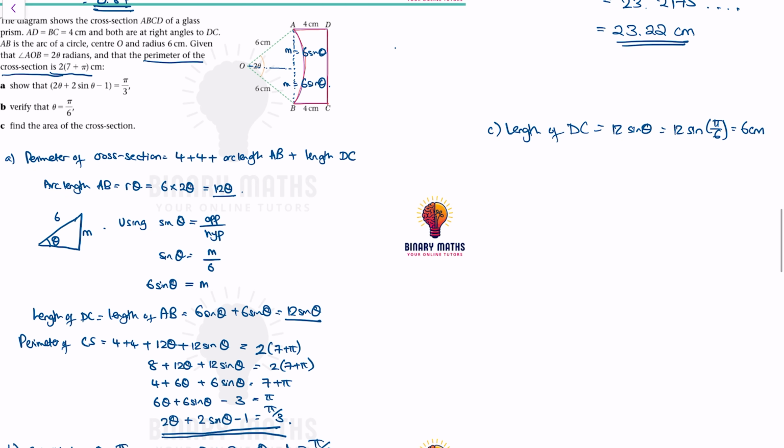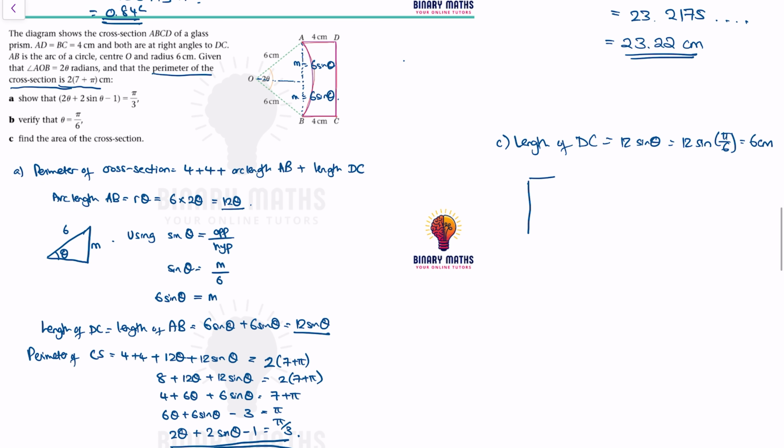Means if I work out the area of the rectangle, so I've got a rectangle in front of me, which is A, D, B, C. This is 4 and this is 6. Then the area of the rectangle is equal to 4 times 6, which is equal to 24.